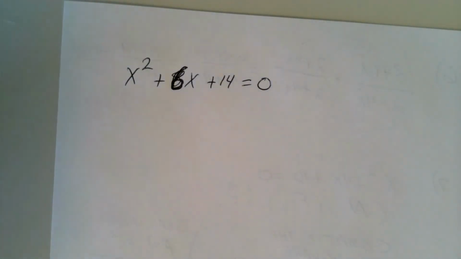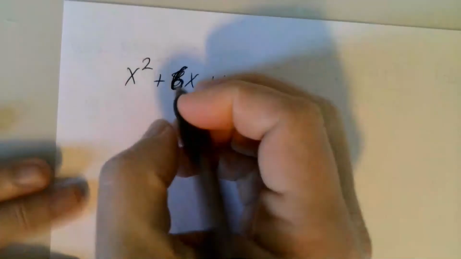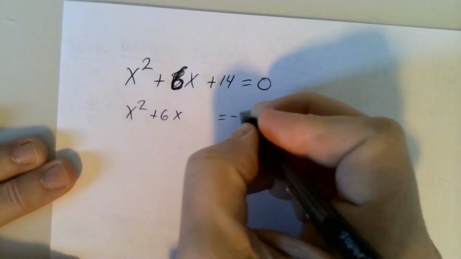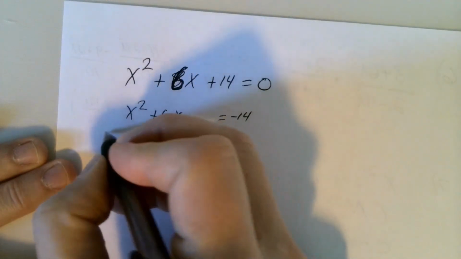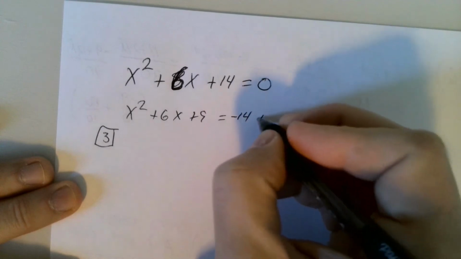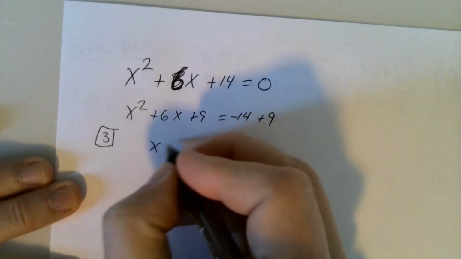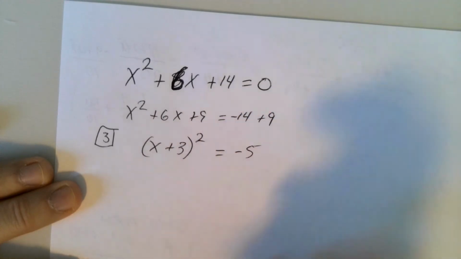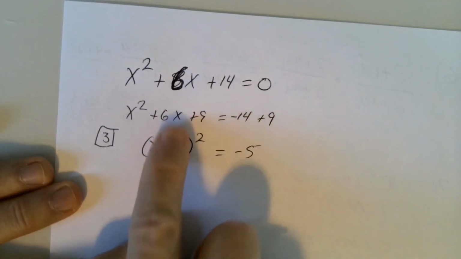Sweet. So hopefully that went great. And we're going to go here. So x squared plus 6x equals negative 14. Half of 6 is 3. Put it in your square box. 3 squared is 9, plus 9 here, plus 9 here. x plus 3 quantity squared equals negative 5. Right? I don't even have to think about this.